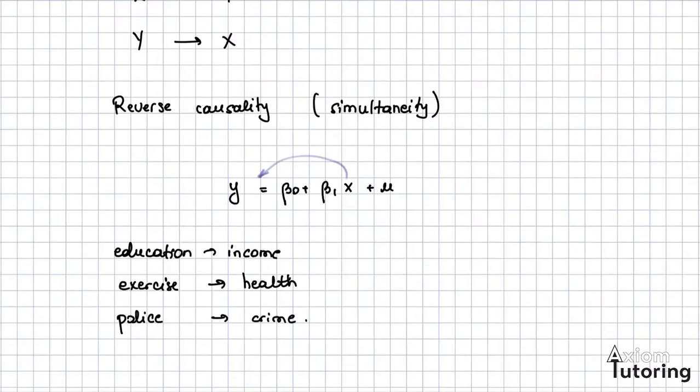In each case, we're telling a story where X moves first and then Y responds. That's the implicit assumption that we've basically baked into every OLS regression. So higher education, higher income. The more you exercise, the healthier you are. The more police, the less crime you have.